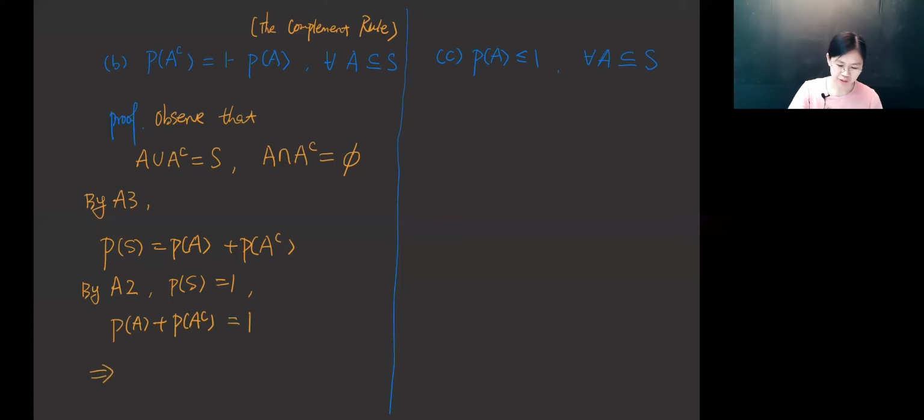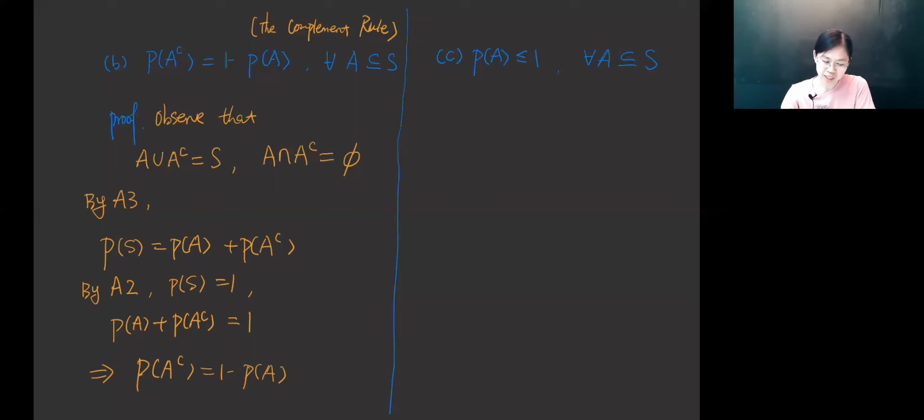And moving P of A to the other side, we get the desired equation. That's the second consequence, the complement rule. The third consequence is probability of any events should not exceed 1.